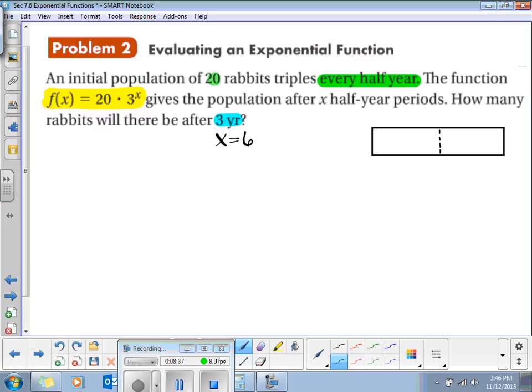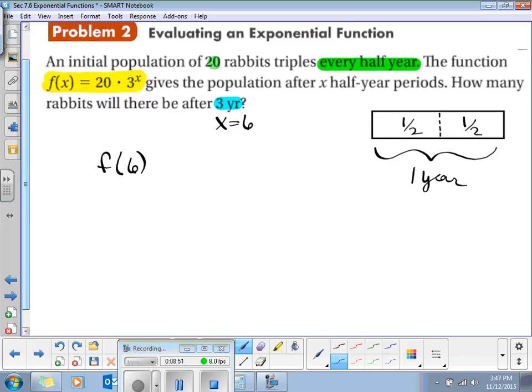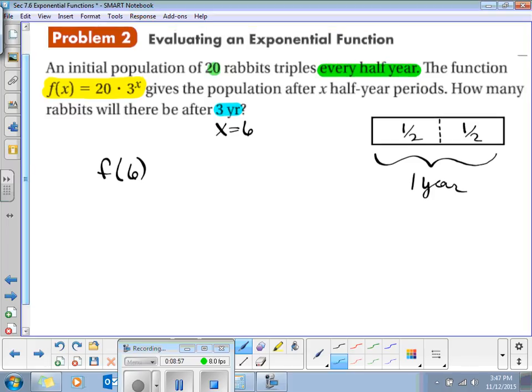Is everybody clear with that? So now, all you're going to do is take your x and put it into your function. So we've got f of 6. Remember, that's the name of the function. It does not mean f times 6. f of 6 is equal to 20 times 3 to the 6th power. And now you just simplify.